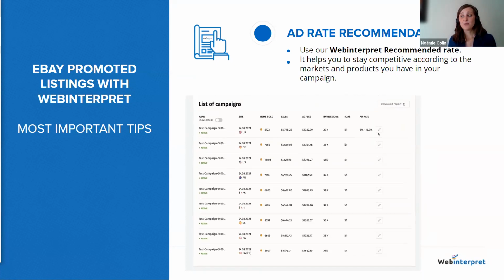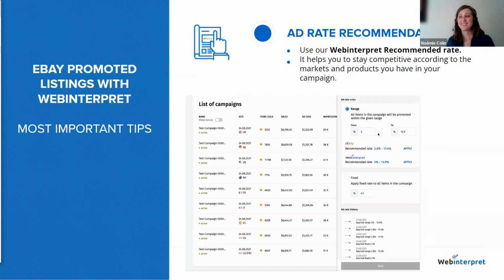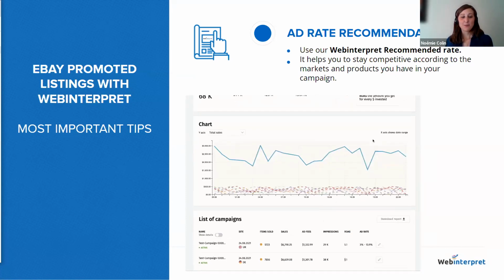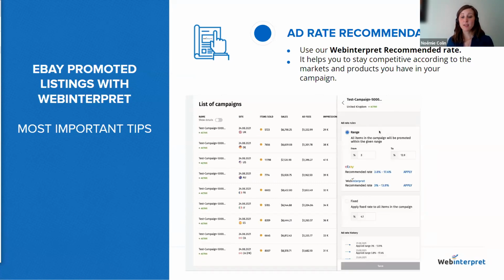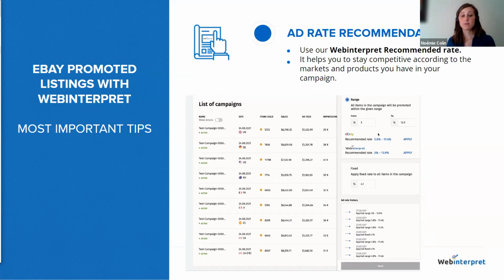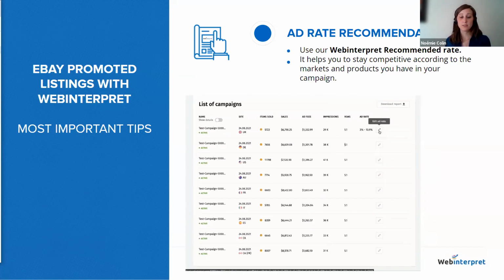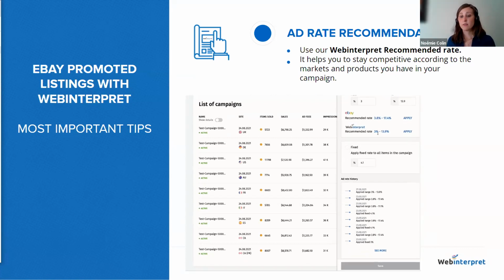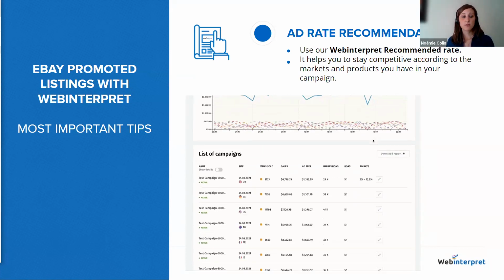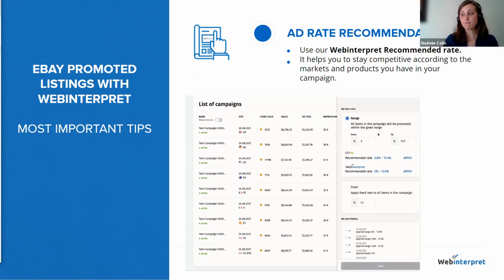One recommendation from us is, of course, to use our Webinterpret recommended rate. Thanks to our algorithm, we suggest the best ad rate, taking these parameters into consideration: budget, competitiveness and product. You can access it for each campaign using the edit ad rate button, as we just showed you with Magda in the previous section.